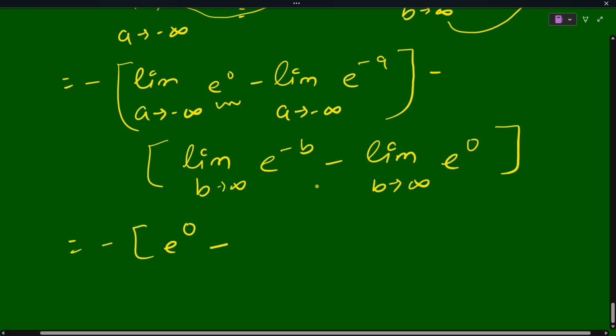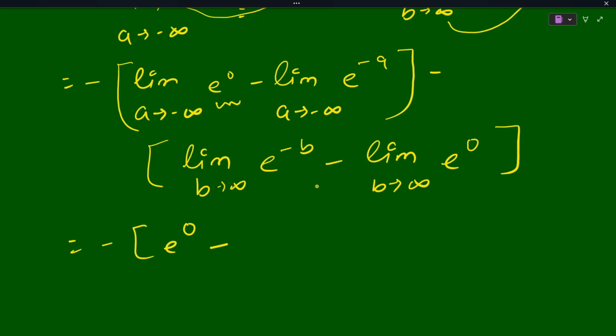then minus here limit a tends to minus infinite e to the power minus a, so at place of a we have to use a equal to minus infinite. So what will be this value? It is minus a is minus infinite, right? Then minus, next again see here this value is limit b tends to infinite e to the power minus b, so at place of b I have to take infinite, so this value is e to the power minus infinite.